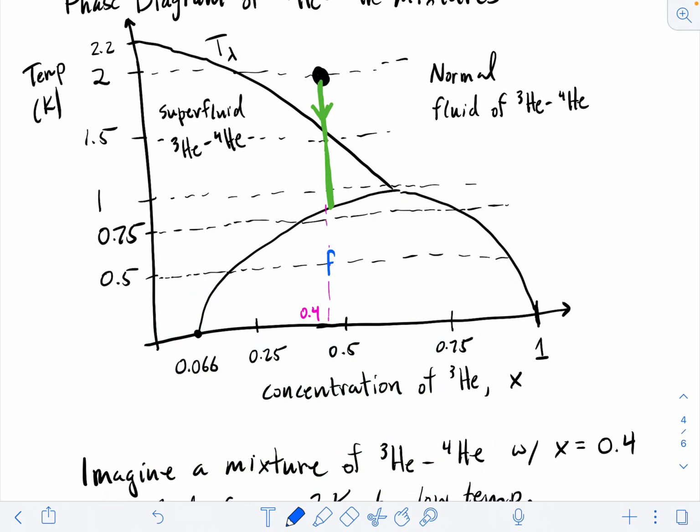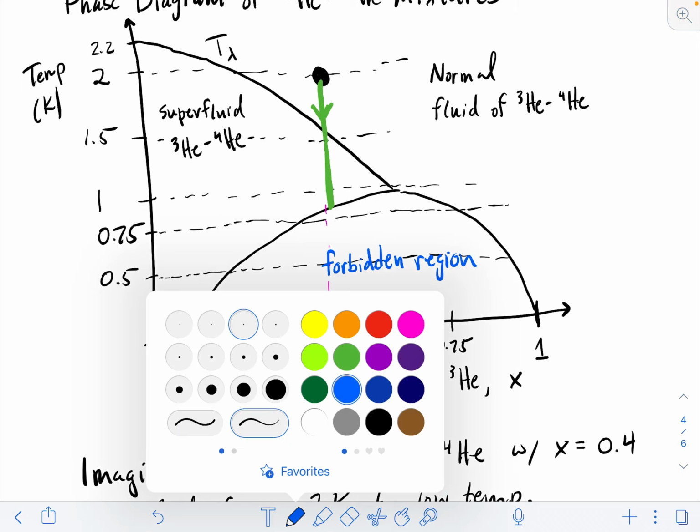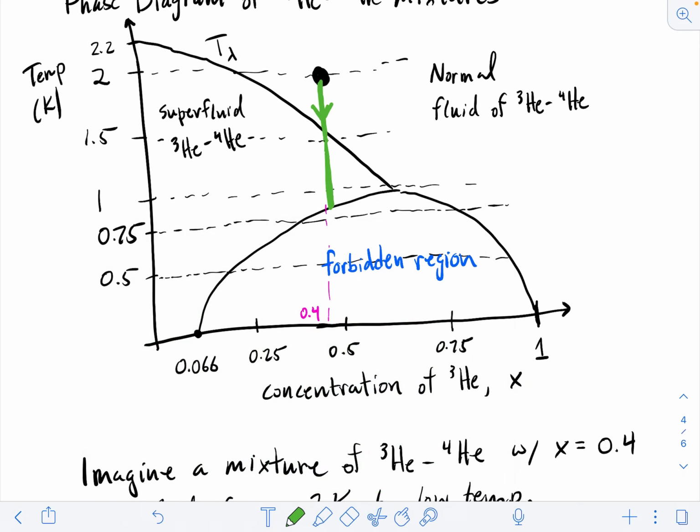And so this is a forbidden region. And so that means we can't have a concentration of just a block of liquid that is 40% helium-3 and 60% helium-4. In fact, what it does is it separates into two phases.